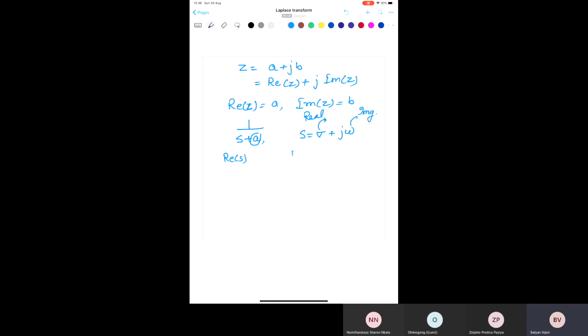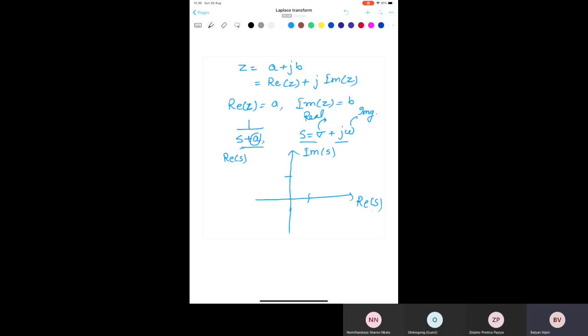In Laplace transform, you always draw imaginary s and real s. According to the values that appear here, I'll explain once as we go through the questions. Whatever value comes, you will plot it on the x-axis, or real axis, or on the imaginary axis.